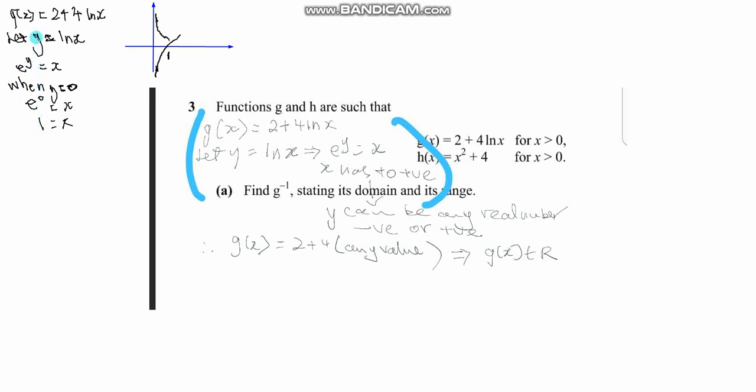Now, let's look at when y is increasing, that means it's going in this direction. This is the third point. When y increases, x also increases. But which one will increase more? Because x is equal to the exponential of e to the power of y, a slight increase of y will make a big increase in x.